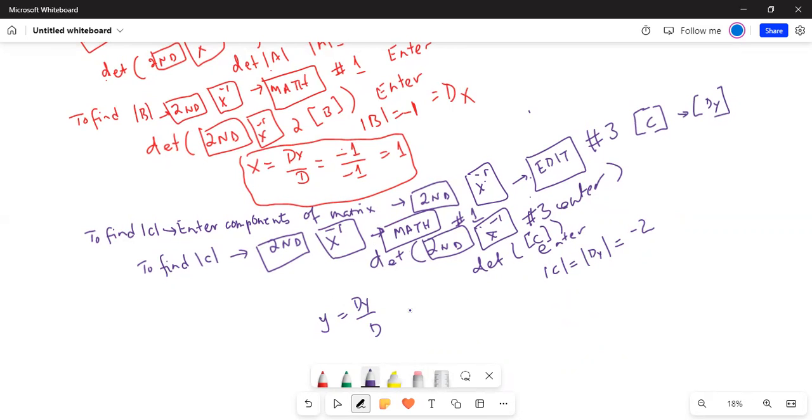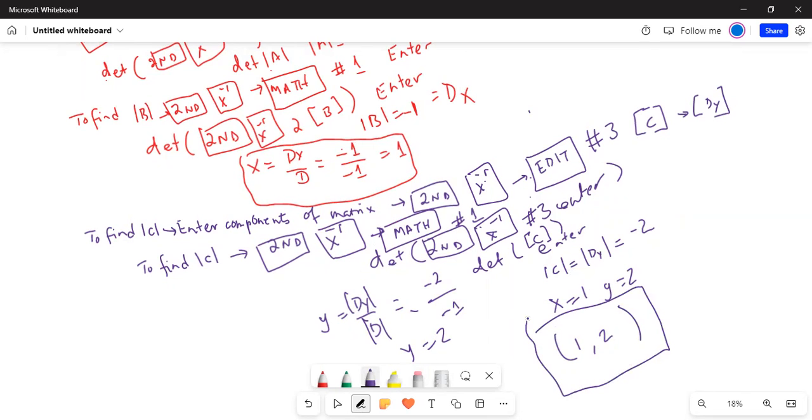This is dy by D, which is the determinant of dy divided by the determinant of D, equal to -2 divided by -1, which is equal to 2. So my solution is x equal to 1 and y equal to 2, which is also written in set form as (1, 2) is the solution set. Let me just go over this briefly so that you know what is going on.